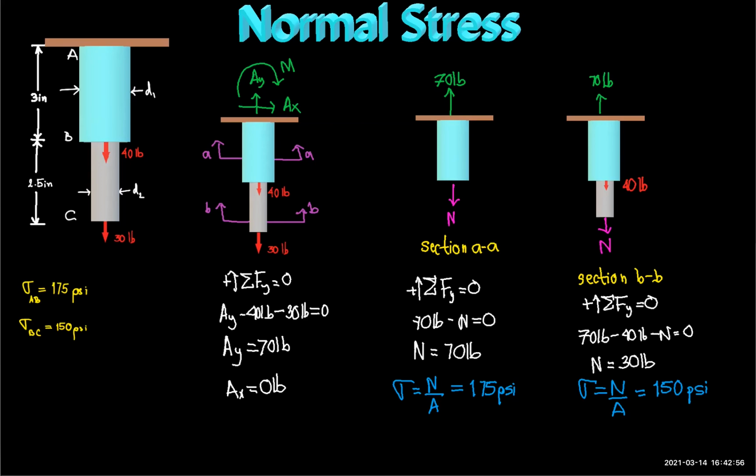In this case, we know the normal force and the allowable stress of both members. The only thing we don't know is the cross-sectional area. If we isolate the area, we will be able to solve for D in both cases.